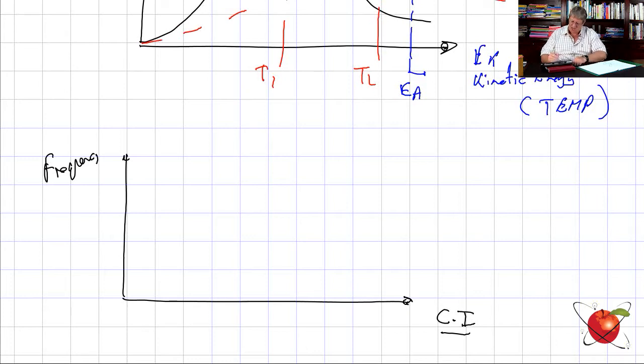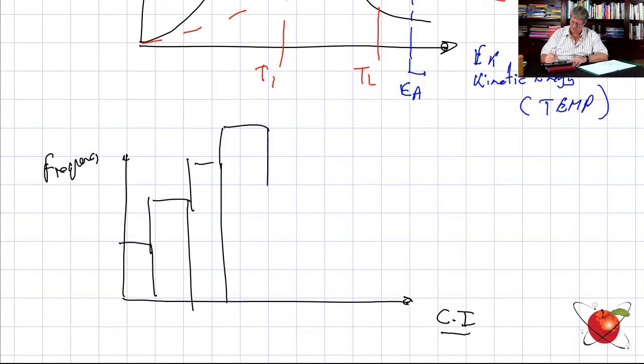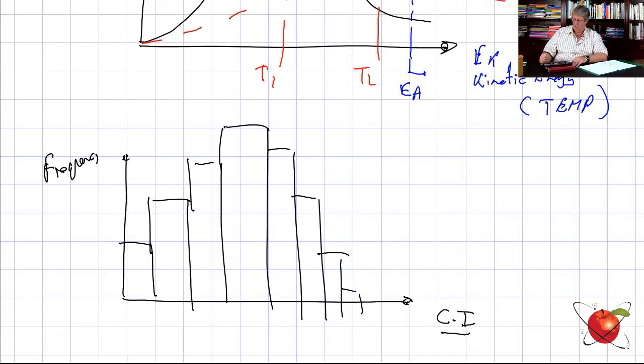I'm going to get some over there, then some over here, and we're going to build up a curve that generally looks like this. Whatever these will be, 0 to 2, 2 to 4, and so on. So I count the number. I get a frequency curve.